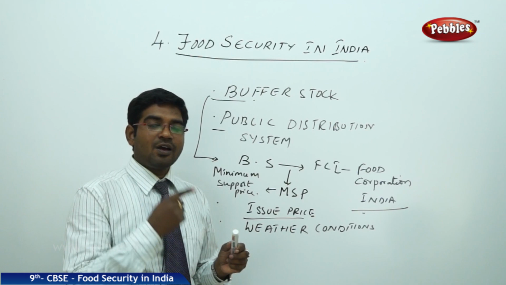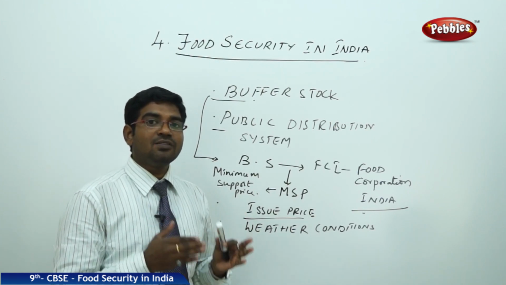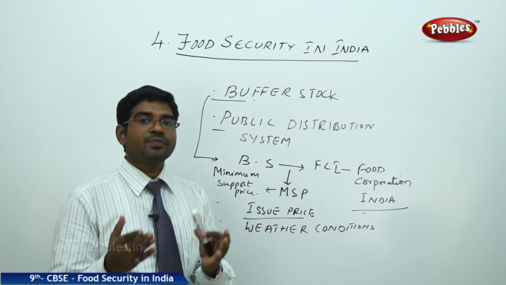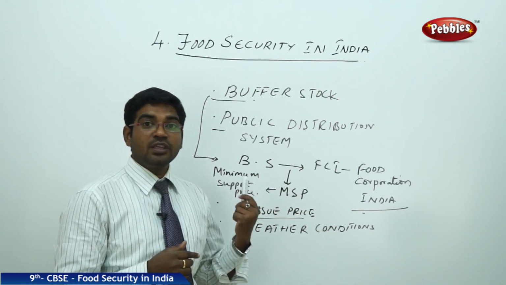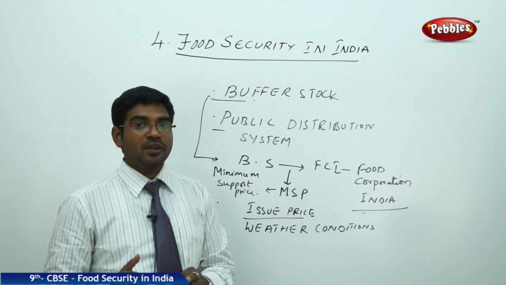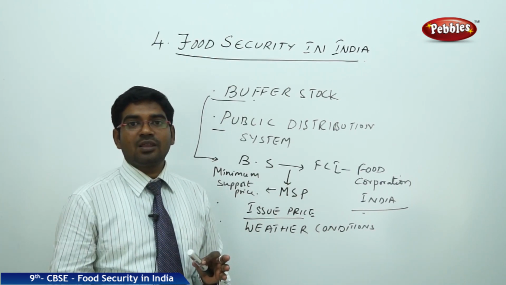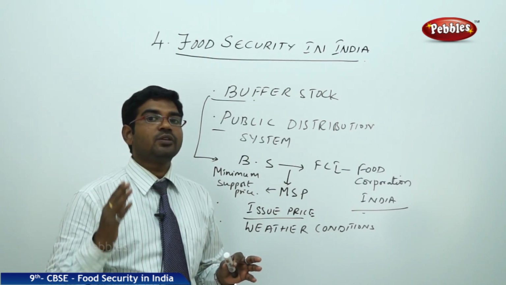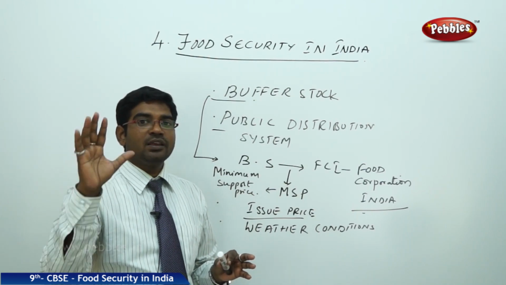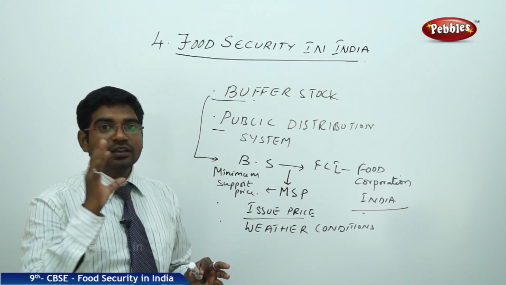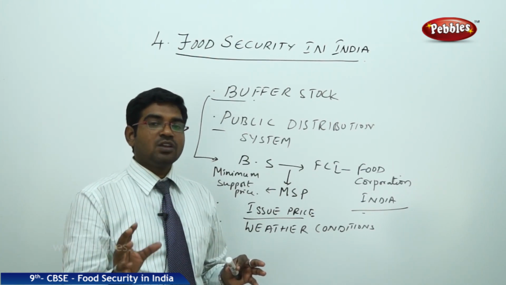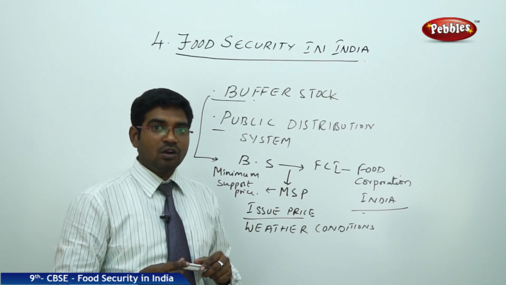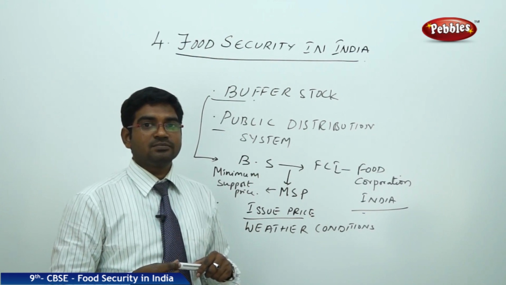One, when the farmers produce something, they have a guarantee that their produce will be bought by the government, so they feel secure. And second, when there is any natural calamity, the government can assure them without any worry that these people can be taken care of from the buffer stock. So this is a very important activity done by our government through FCI.